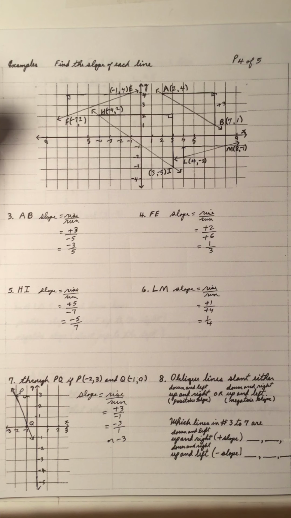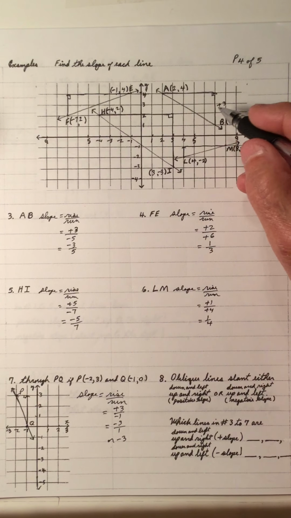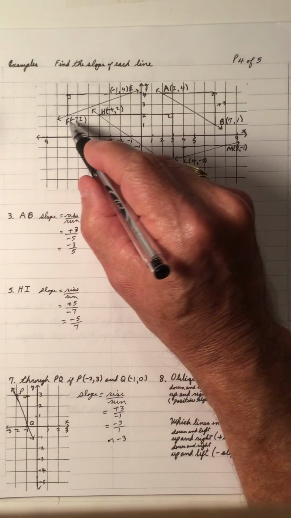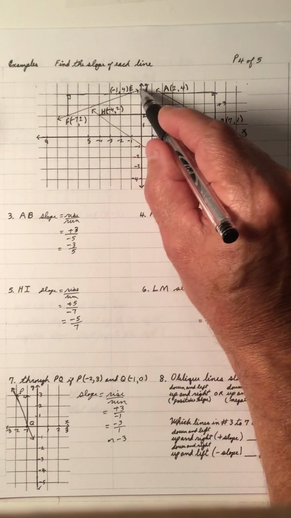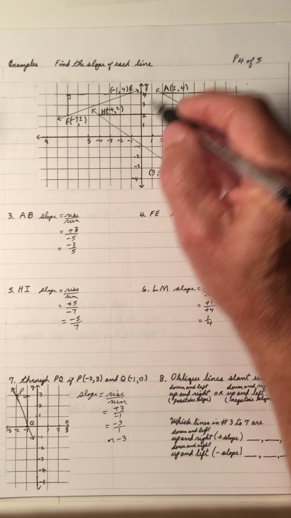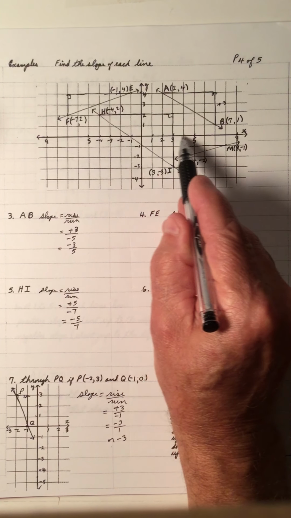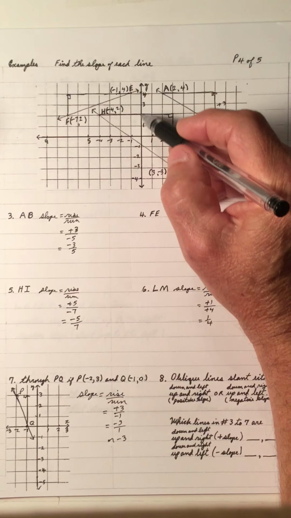Let's do some review now. These lines are oblique, meaning they're slanting sideways. Let me explain. The x-axis is a horizontal line, and the y-axis is a vertical line.